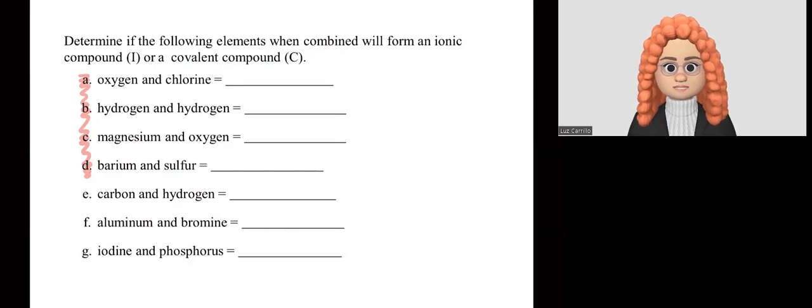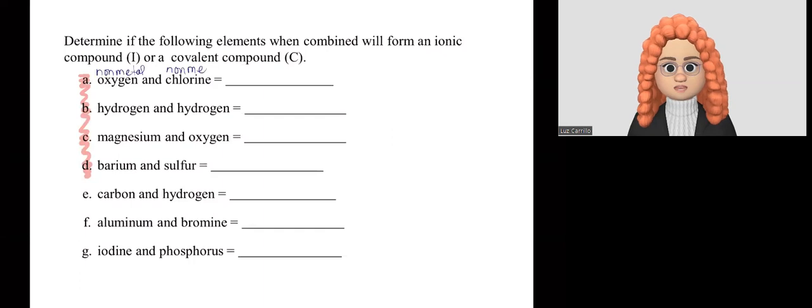With a periodic table handy, make sure that you look around the periodic table to understand where each of these elements is. I can tell you already from reference that oxygen is a non-metal. Chlorine is a non-metal.